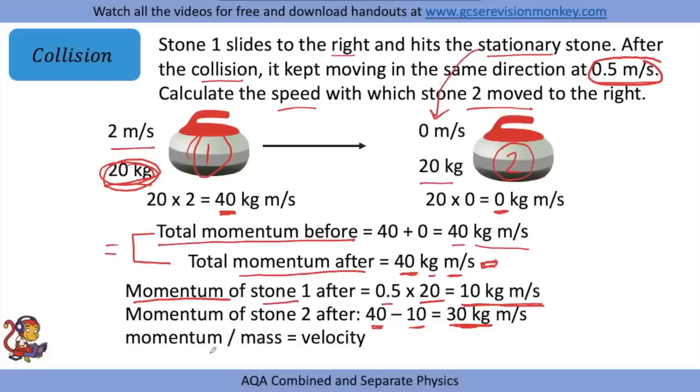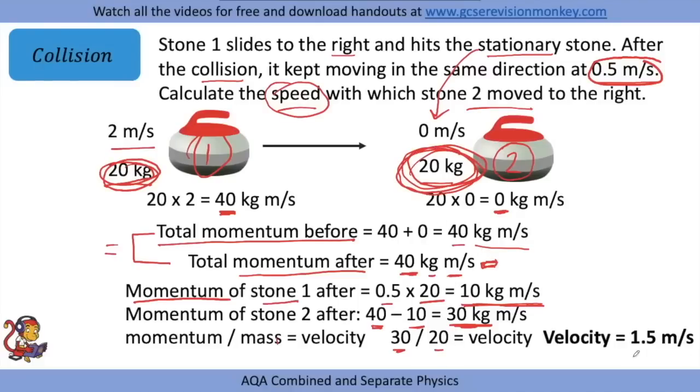So stone 2, we can calculate the speed or velocity with which it moves to the right, because momentum equals mass times velocity, rearranged will give us momentum divided by mass equals velocity. So if we take the momentum of 30 divided by the mass of the stone, which is also 20, this tells us that stone 2 moved away with a velocity of 1.5 meters per second.